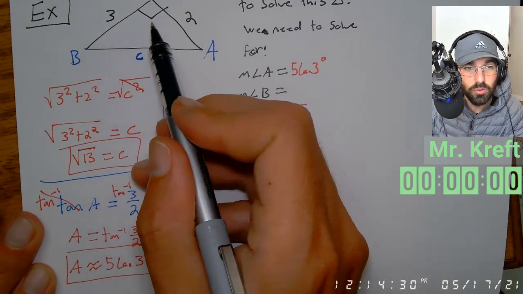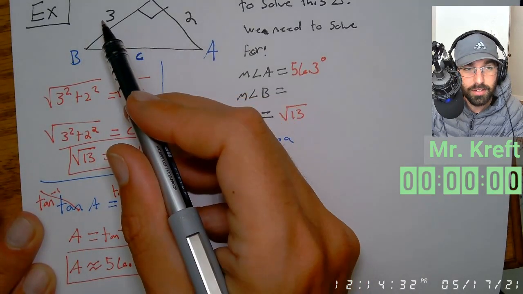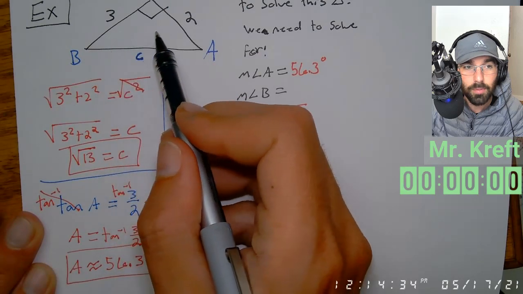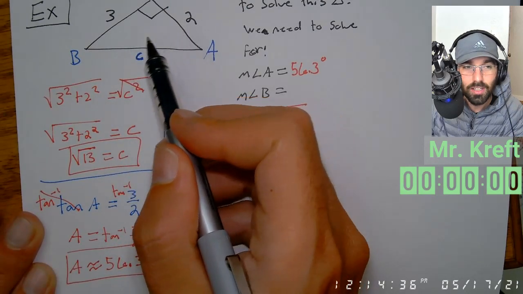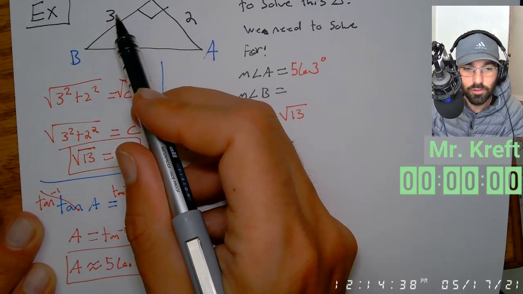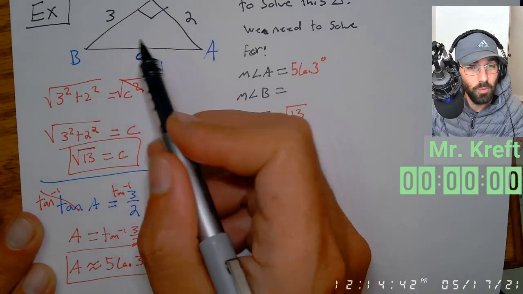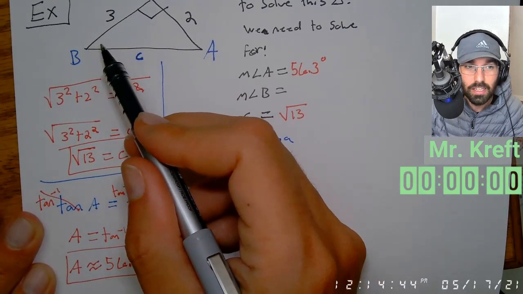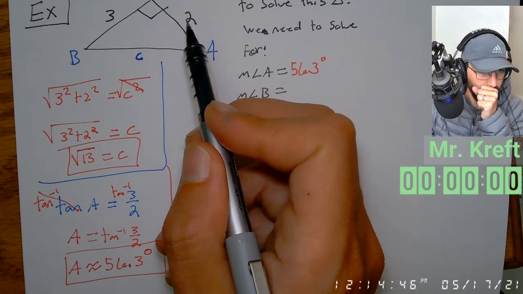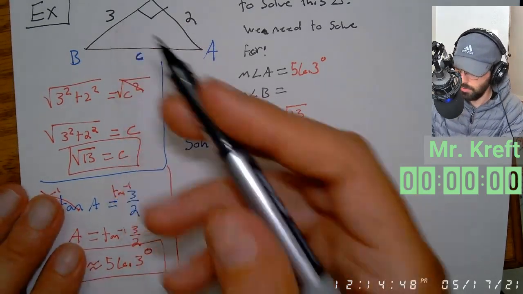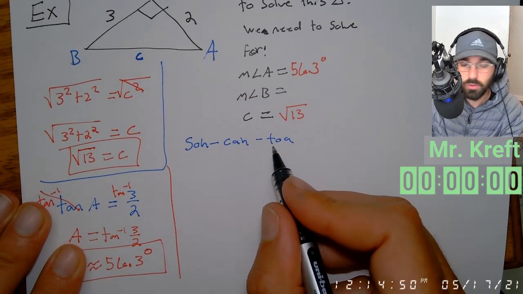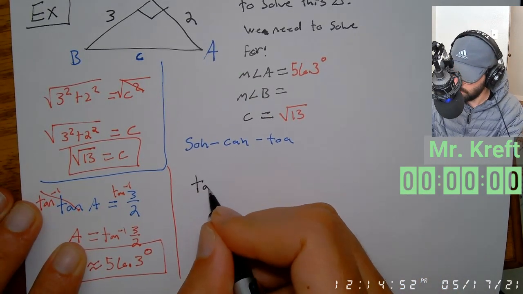So for angle B, I want to use the two sides that are given. In this case, opposite of B is 2, and adjacent of B is 3. Do you guys see how they switched? Opposite and adjacent switched depending on which one we're looking at. For B, 2 is the farthest away, and 3 is close. So I'm still going to be using tangent.